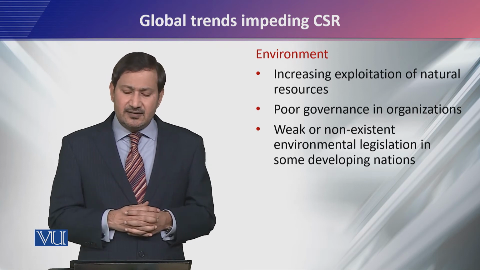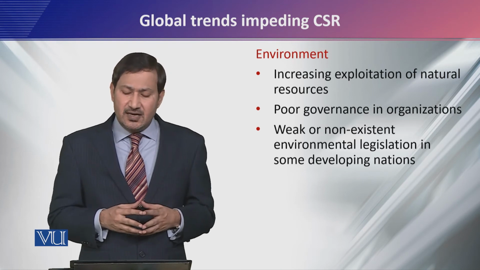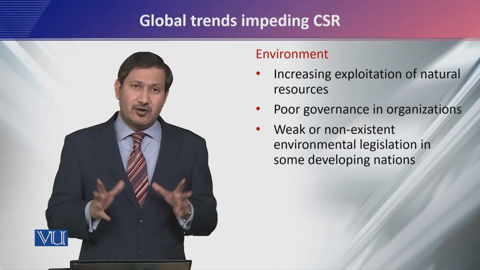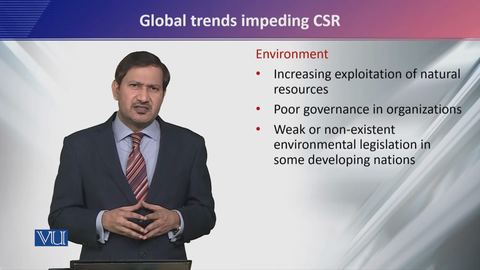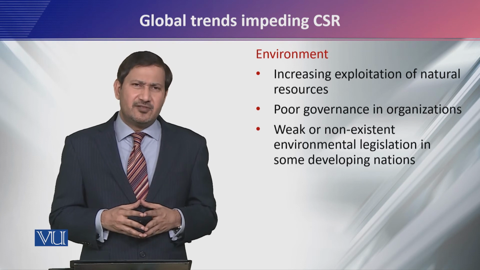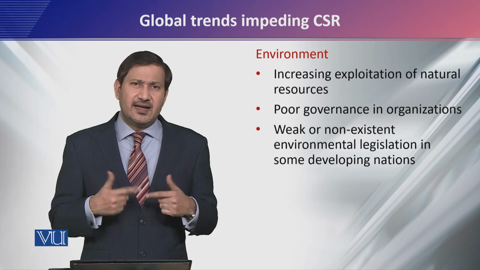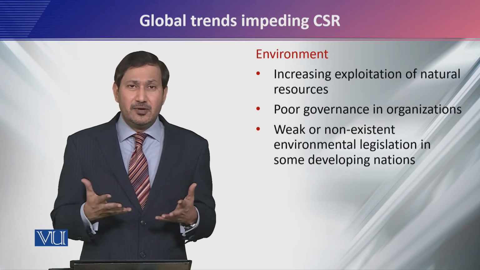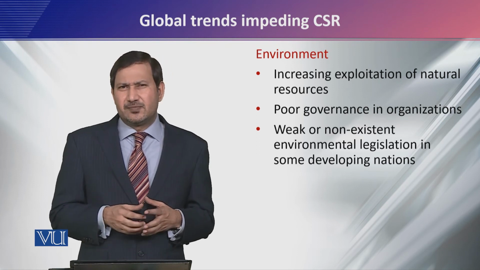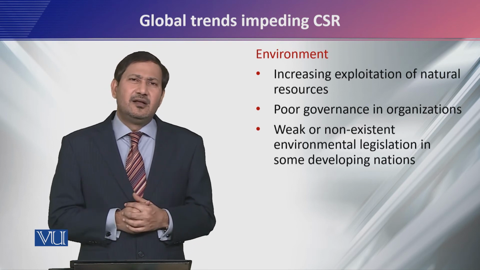Environmental issues, that is increasing exploitation of natural resources, poor governance in different organizations, not all organizations, but it is easy to say that in most of the organizations, the governance mechanism is very poor. That is actually not helping to implement corporate social responsibility effectively. And weak or non-existing environmental legislation.